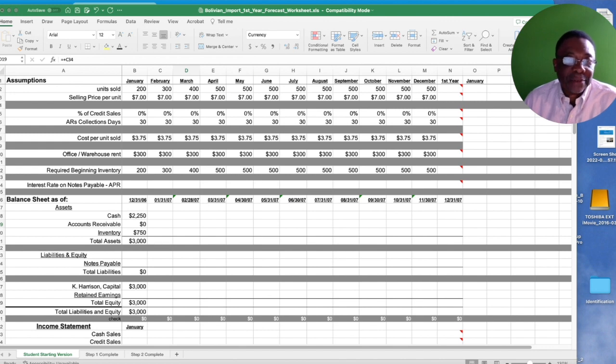So again, our required beginning inventory on March 1st is 400 units, and we plan to sell 400 units in March. Our required beginning inventory for May 1st is 500 units, and we plan to sell 500 units in May. Our required beginning inventory for June 1st is 500 units, and we plan to sell 500 units in June. This is how the required beginning inventory is determined.